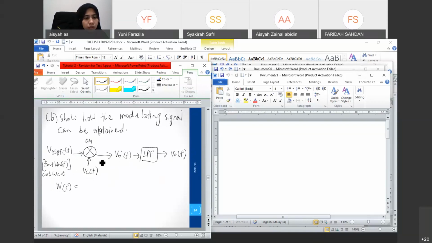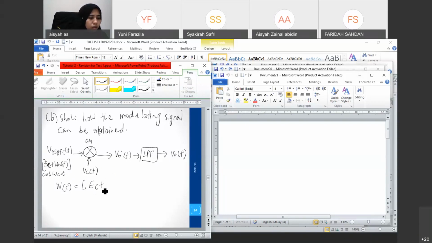After the mixer, it is the multiplication of both of these. So we have the... This is easy.